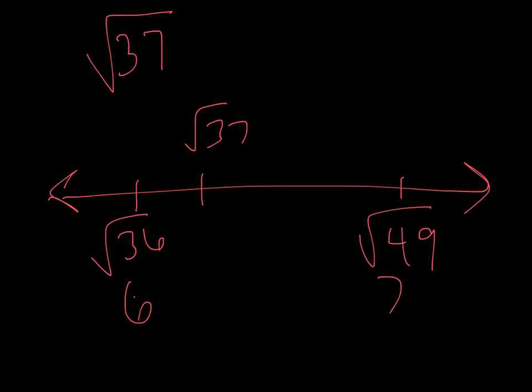So the square root of 37 is just a little bit bigger than 6, right? So if I was going to estimate the square root of 37, I would say it's about equal to, you do squiggly equal signs to say approximately, 6.1.